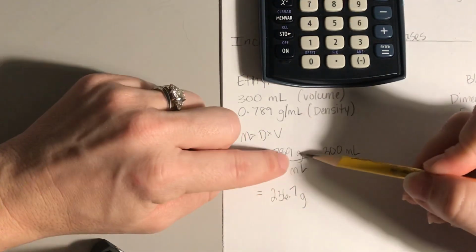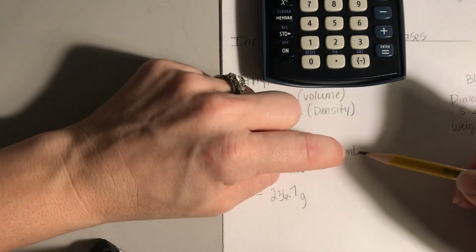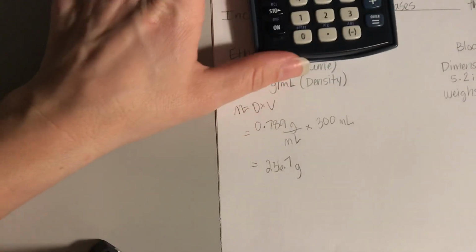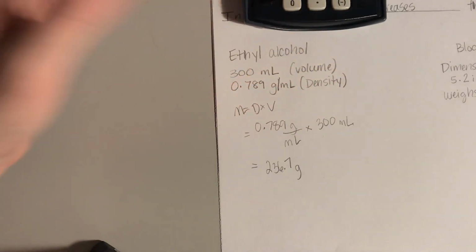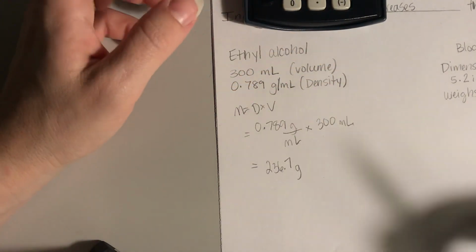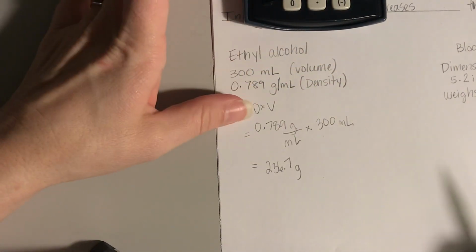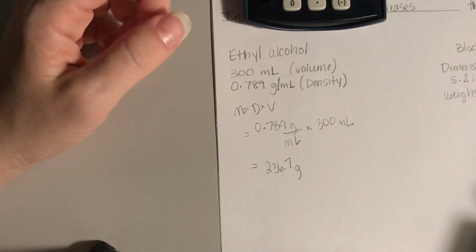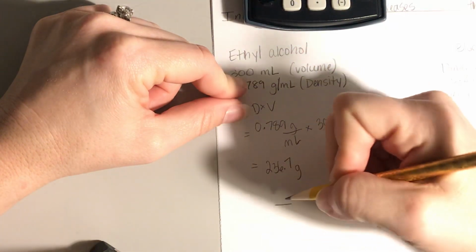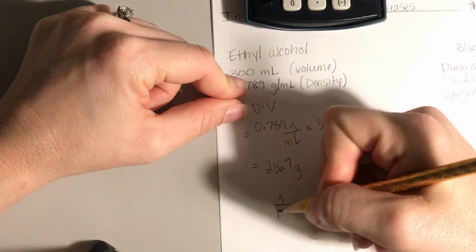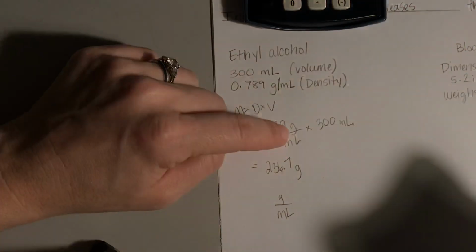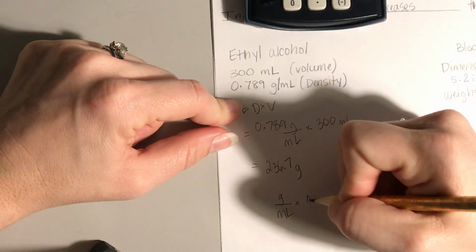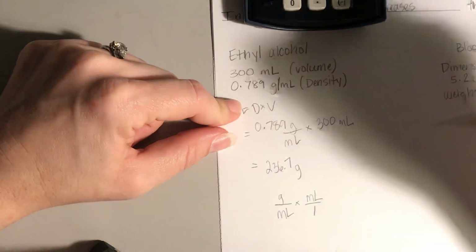So you'll notice here that there's a grams per milliliter and then a milliliter. You might be familiar with the concept of canceling out units from physical science, maybe. Definitely chemistry if you've taken that. But the same way that you can cancel out numbers or variables if they're in the numerator and in the denominator, you can cancel out units. So this one was grams per milliliter, and we multiplied it by milliliters.